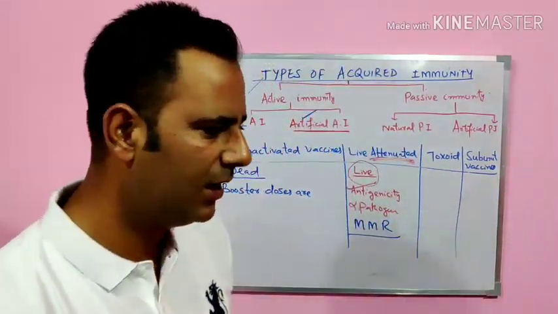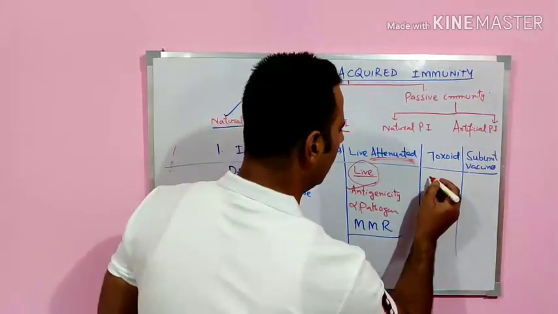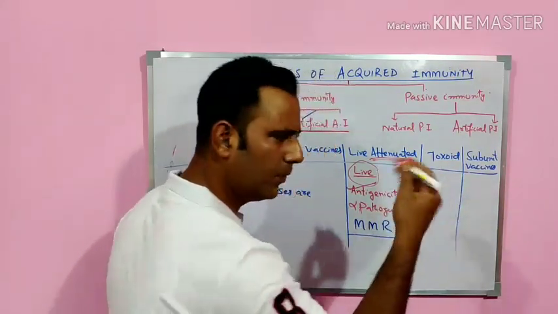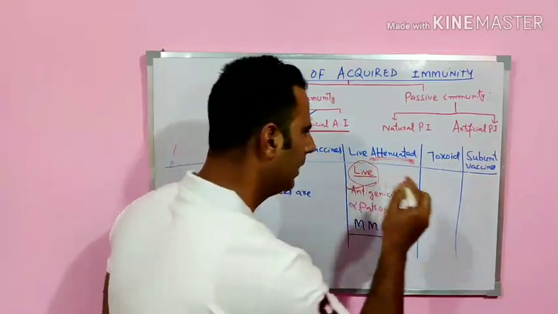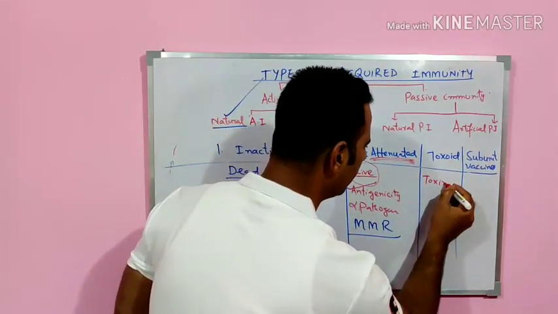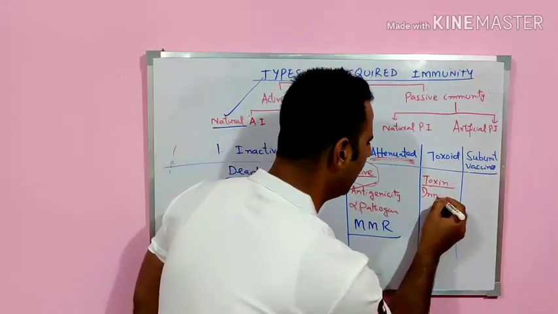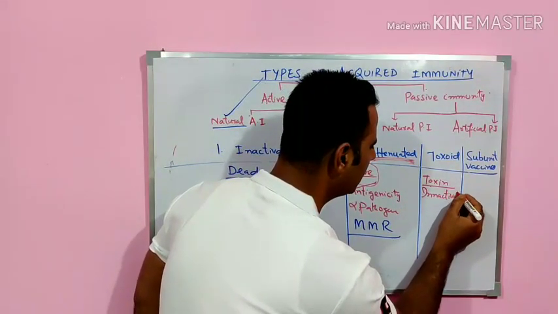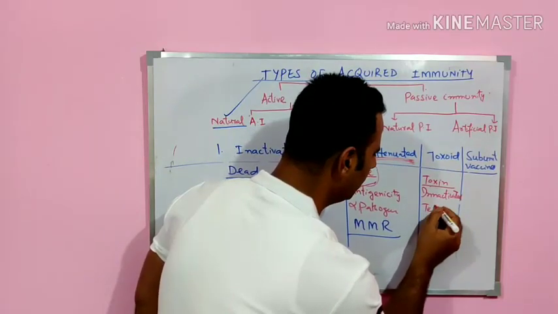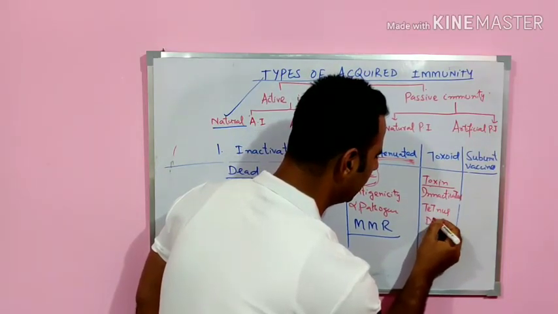Then we have toxoid vaccines. Toxoid vaccines are basically made up of a toxin, but the toxin should be an inactivated toxin. For example, we have tetanus and diphtheria.